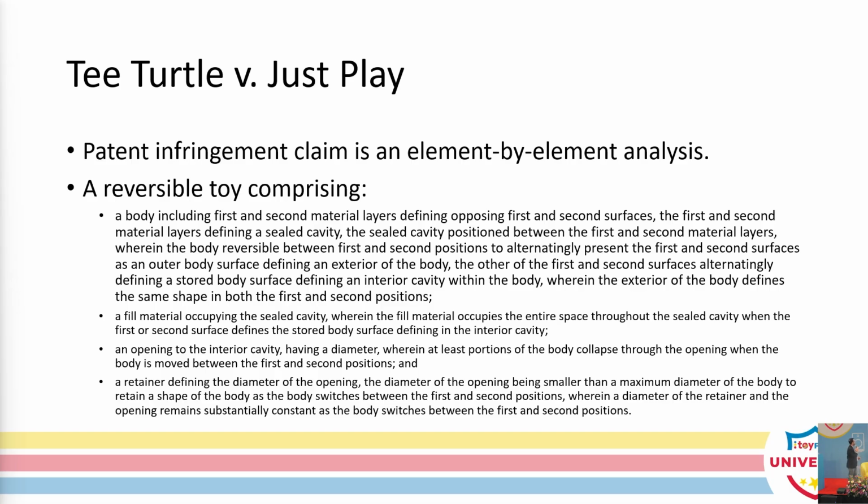The claim is a body including first and second material layers defining opposing first and second surfaces, the first and second material layers defining a sealed cavity, the sealed cavity positioned between the first and second material layers, wherein the body is reversible between first and second positions to alternatingly present the first and second surfaces as an outer body surface defining an exterior of the body. The other of the first and second surfaces alternatingly defines a stored body surface defining an interior cavity within the body, wherein the exterior of the body defines the same shape in both the first and second positions.